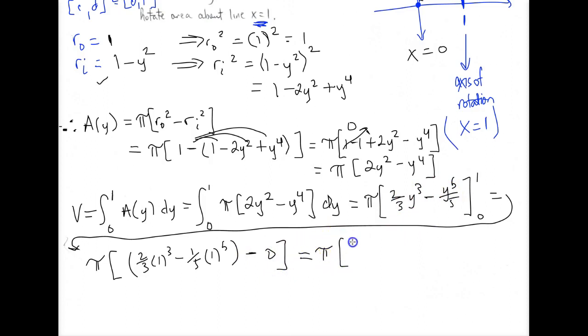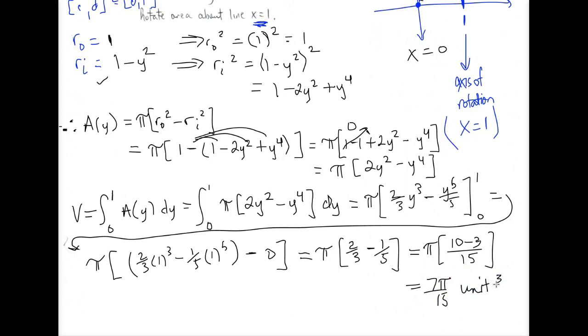And then we just end up having 2/3 minus 1/5. And of course, if we do 5 times 2 is 10, minus 3 times 1 is 3, all that divided by 5 times 3, which is 15. Then we end up with 7 pi over 15 cubic units.